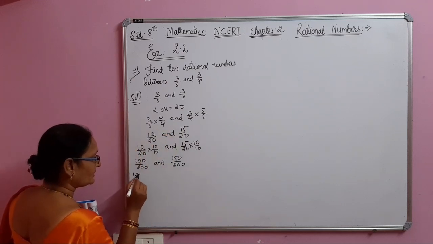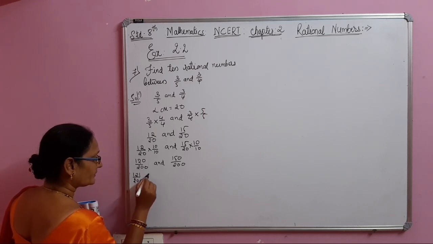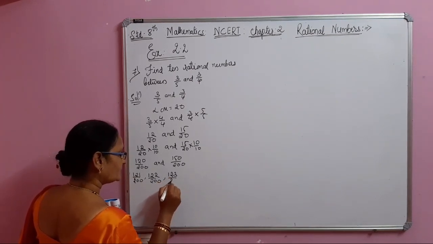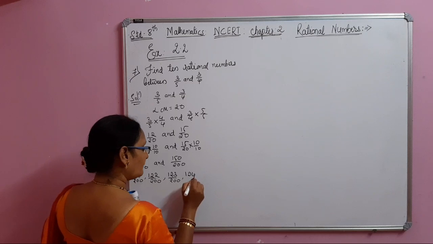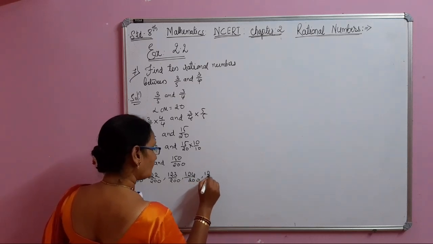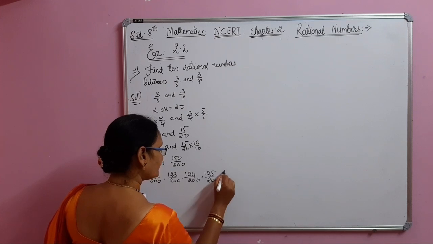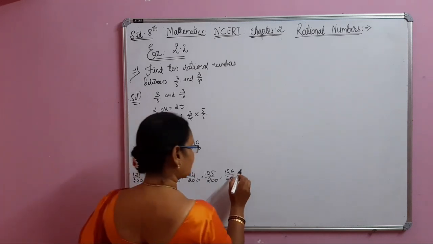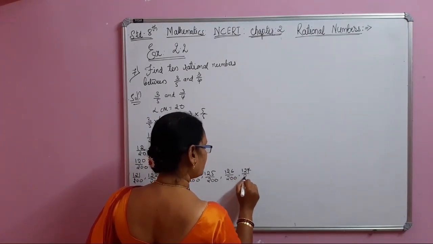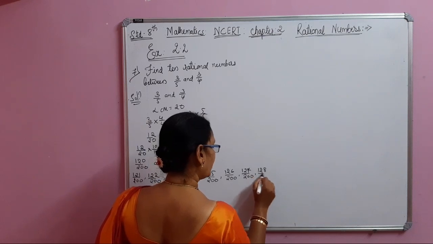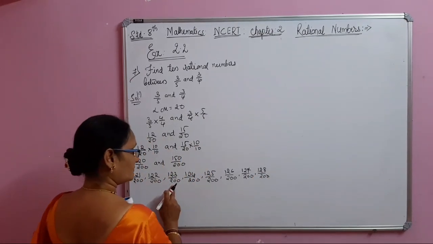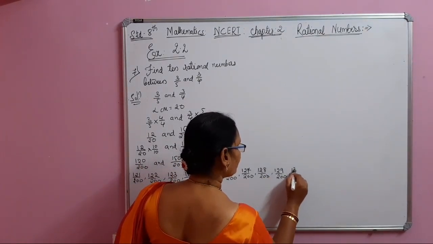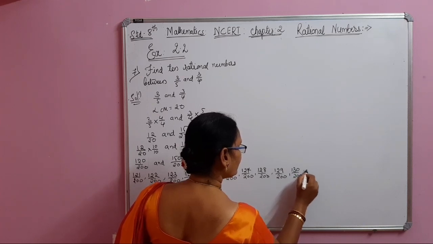So this is 121 by 200, 122 by 200, 123 by 200, 124 by 200, 125 by 200, 126 by 200, 127 by 200, 128 by 200, 129 by 200, 130 by 200, and so on.